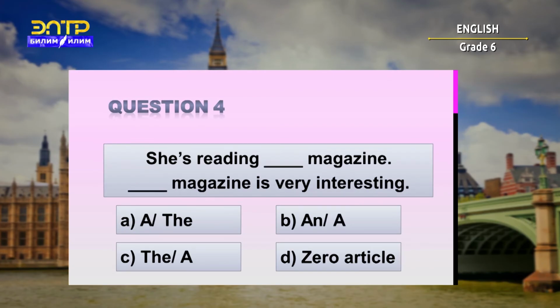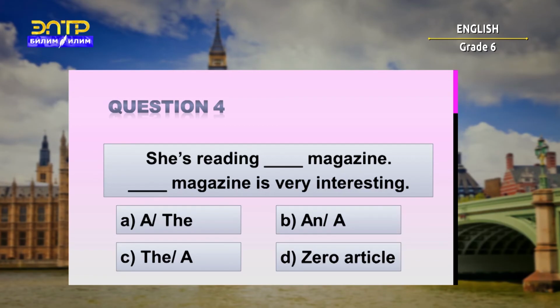She is reading a magazine. The magazine is very interesting. Your options are A, B, an, C, the, and D, zero article. Good job.